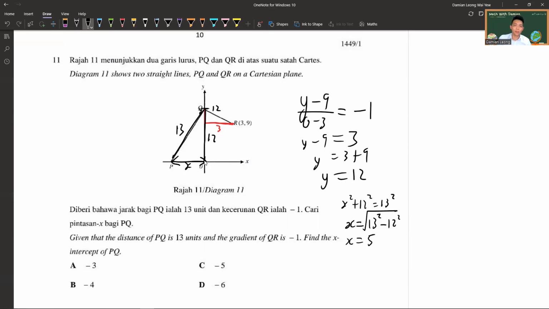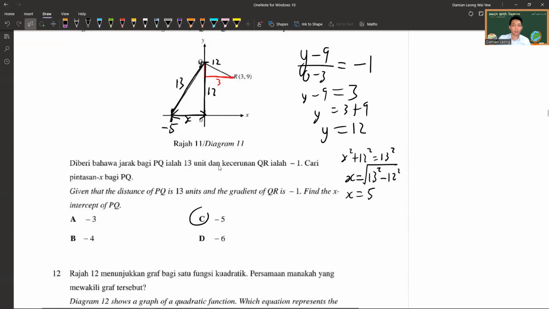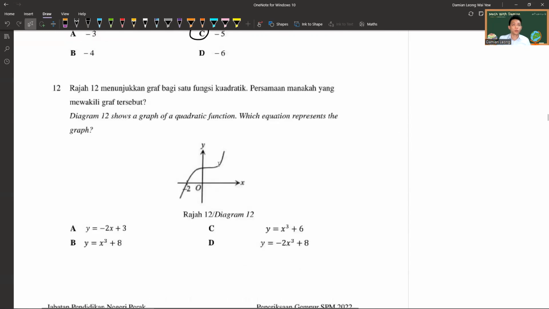So x value is 5. Here, go to the left by 5, but it's to the left from your y-axis, means it's a negative value. That's why it's -5. Answer C.